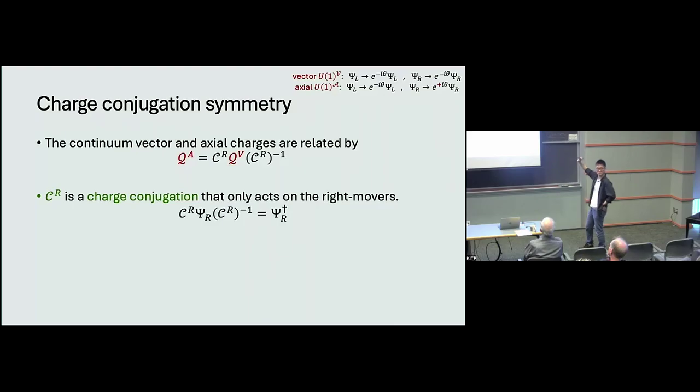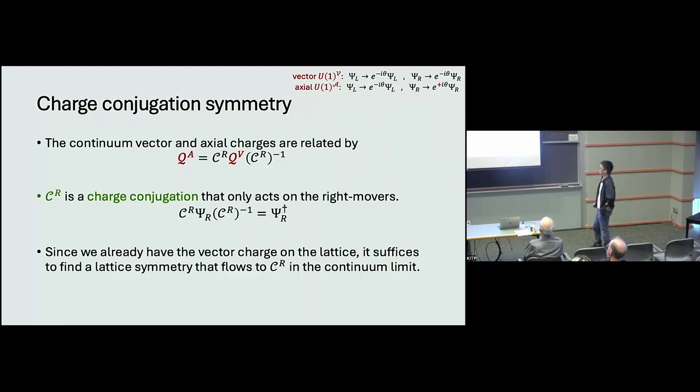Okay, just a simple group theoretic fact. All right. Now, given that we already have the vector charge on the lattice, it suffices for us to realize this right-moving charge conjugation symmetry on the lattice. Once we have that, we apply this formula, and we are all set. But the question is how? How do we find the lattice counterpart for this charge conjugation symmetry?